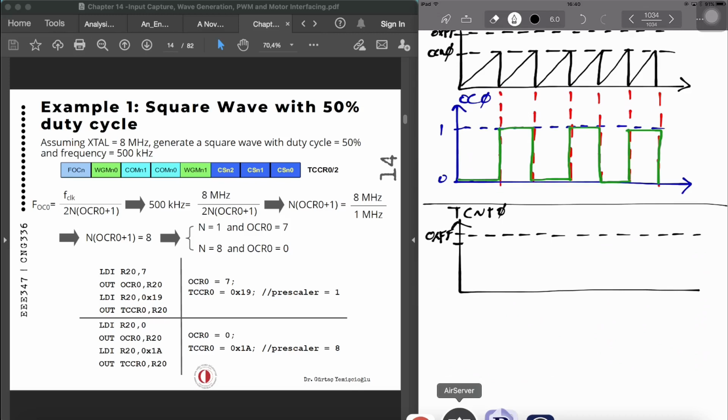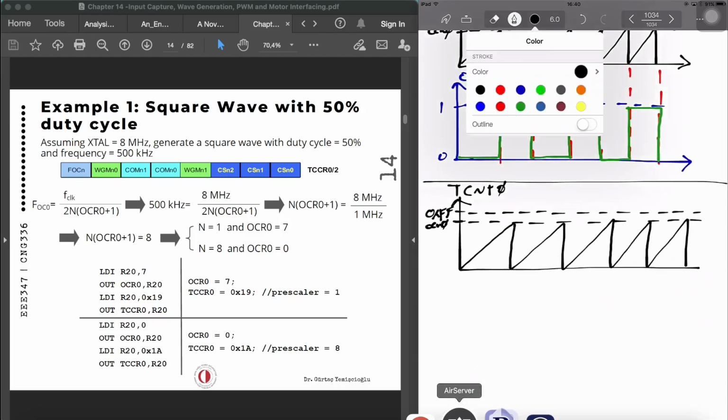And if my OCR is somewhere here, then we have to count up more, and then down, and so on and so forth.